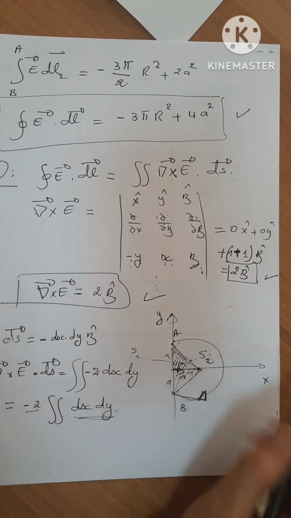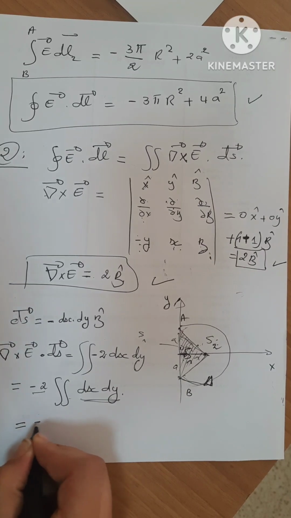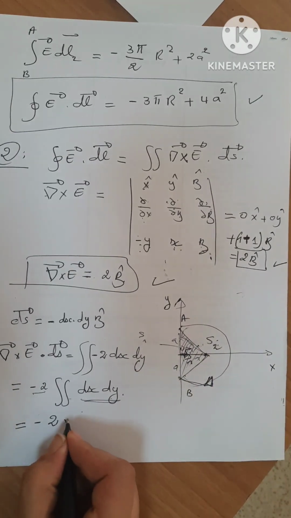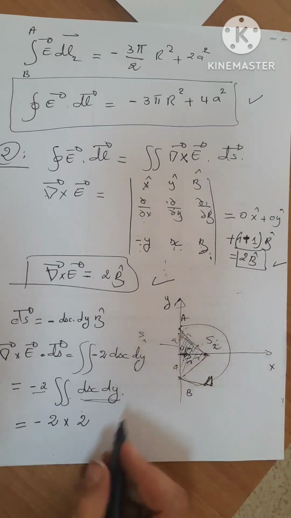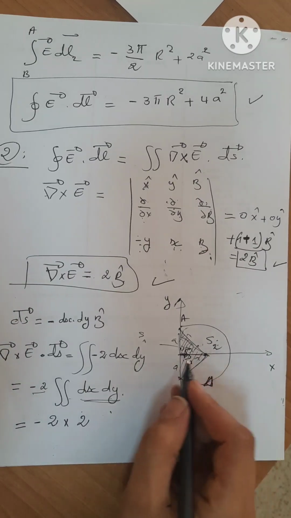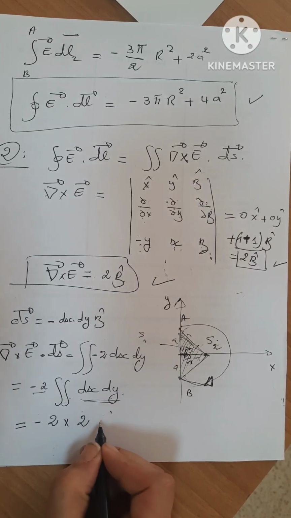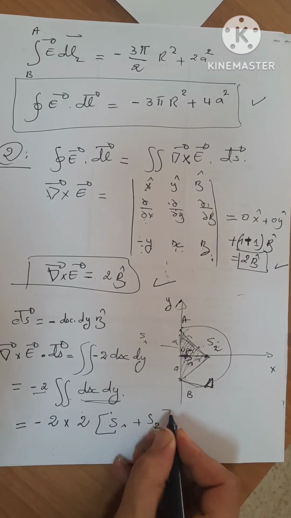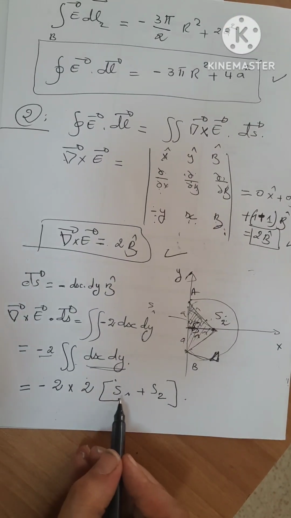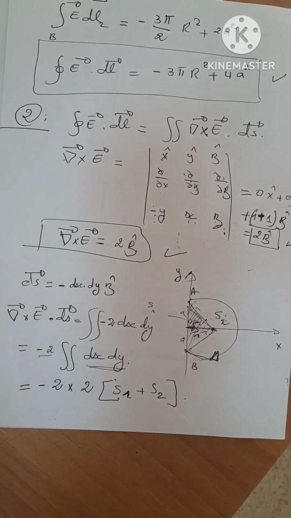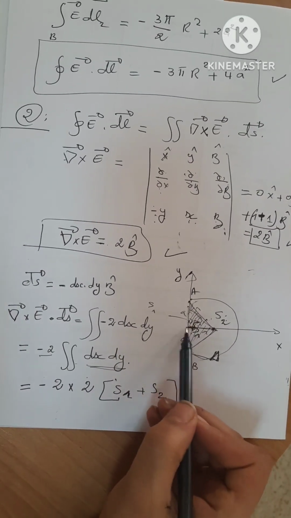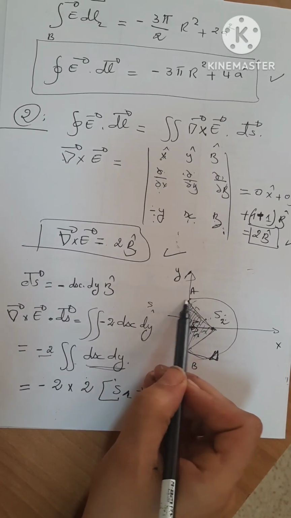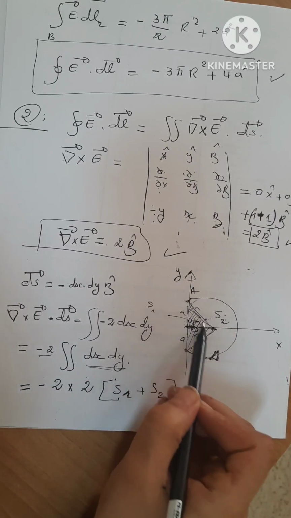In this case we are just looking for the surfaces, so it is minus 2 times 2 times this double integral of dx dy. I call this one S1 and the second one S2. Now for S1, we can use the integral dx dy, of course y from 0 to x, etc.